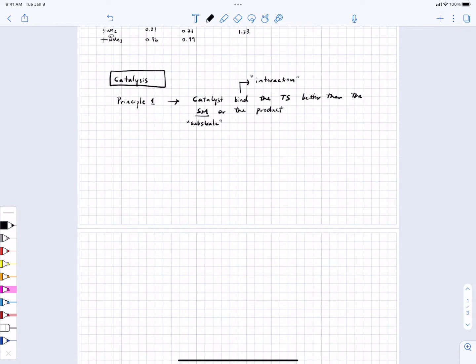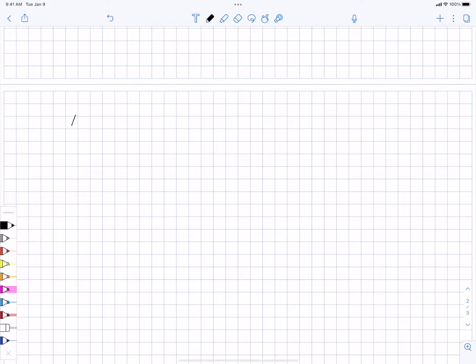So imagine a situation where we have substrate A and some catalyst, which we're going to call cat, and there is some equilibrium constant that describes binding of the catalyst to the substrate. And we're just going to call this the substrate catalyst complex. In other words, this is binding of the substrate by the catalyst before the reaction occurs.